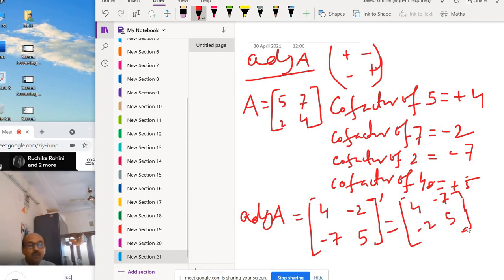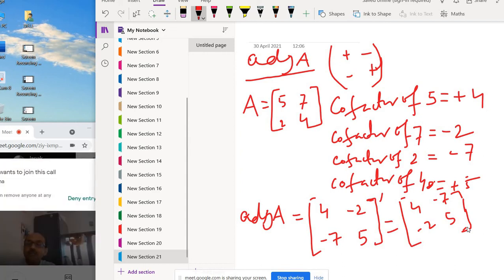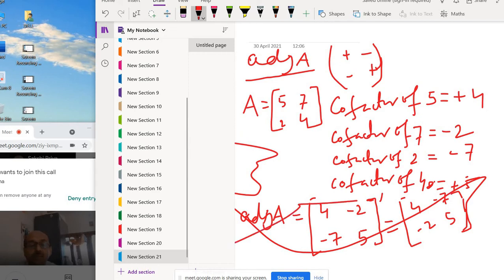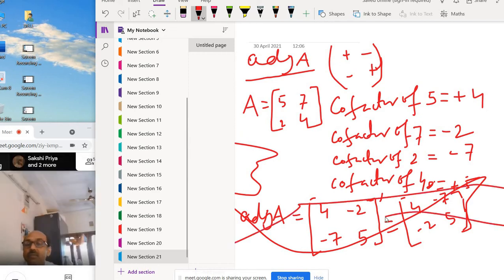So its transpose is the adjoint of A. That means this is the adjoint. Clear now? Okay. Ruchika? Yes, sir. Clear adjoint?